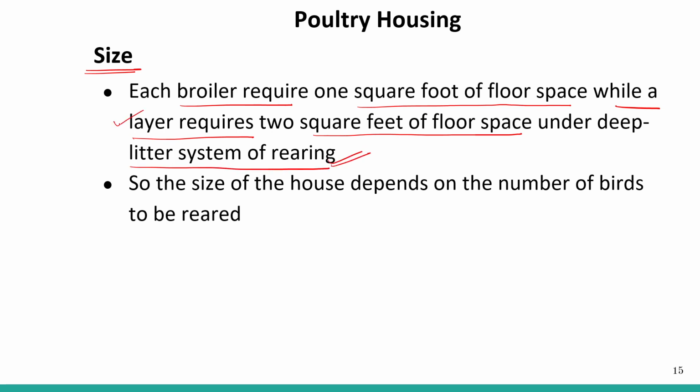So this is the floor requirement: for broilers 1 square foot, and for layers 2 square feet. The size of the house depends on the number of birds to be reared, and can be changed according to the number of birds we are going to rear.